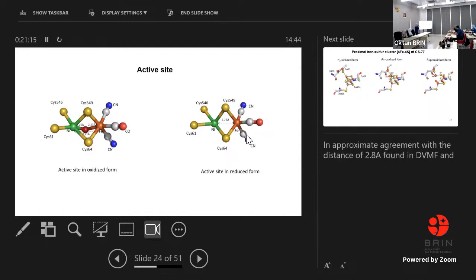In oxidized form, there is the presence of oxygen in the middle of the nickel and iron. And in this case, for the active site, we didn't observe any ligand. Okay, so the next one.